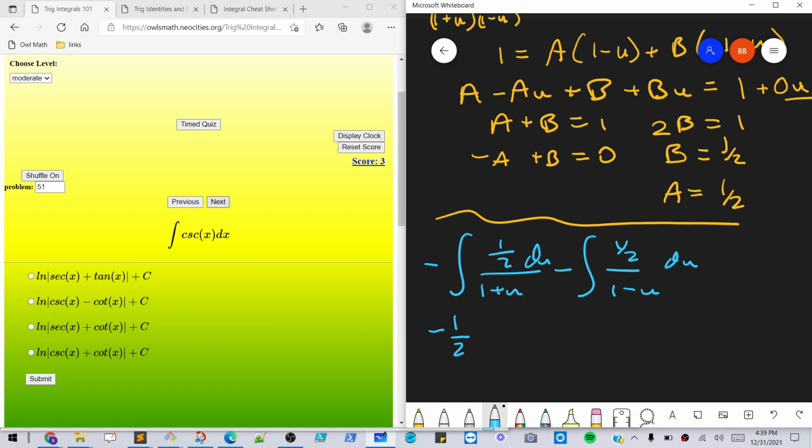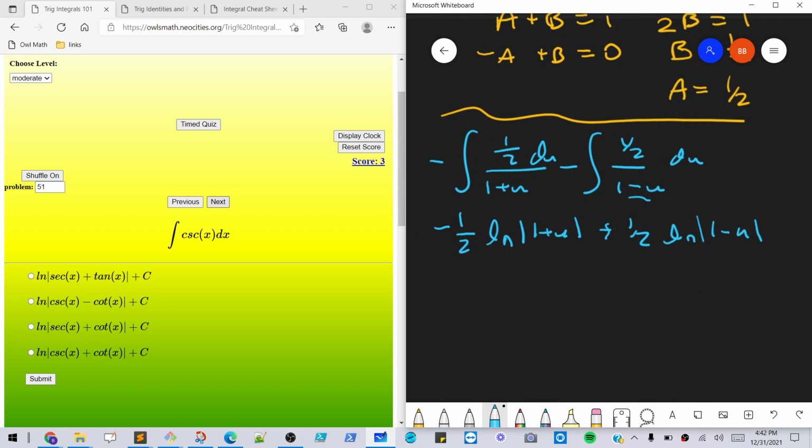We get minus 1/2 ln 1 plus u minus 1/2 ln 1 minus u. But actually what I forgot, there's a negative sign right there. So when we integrate that, that's just going to come out and change that to be a plus. Next, let's pull out a 1/2.